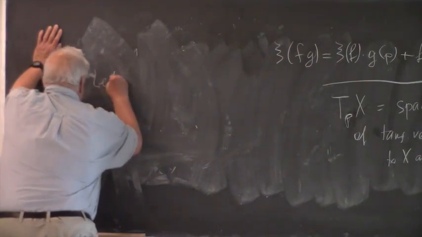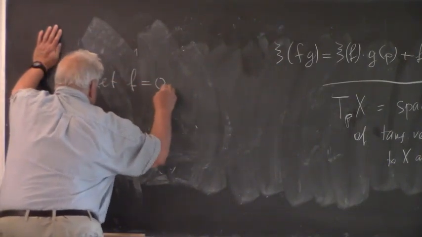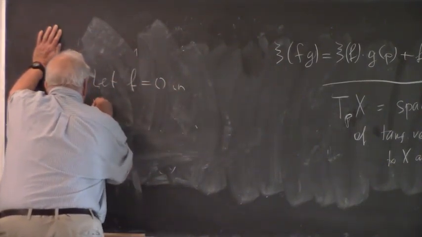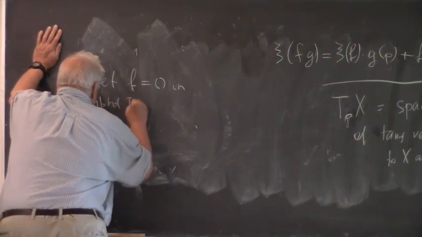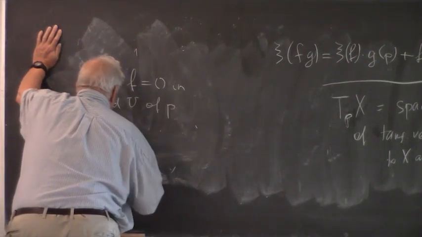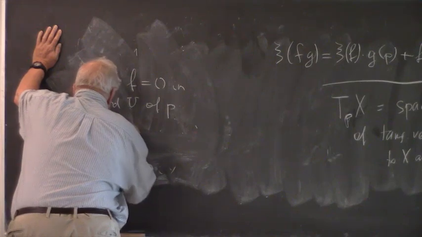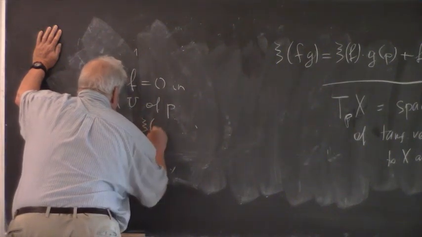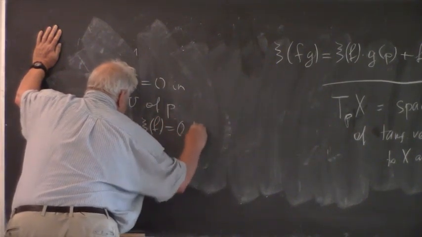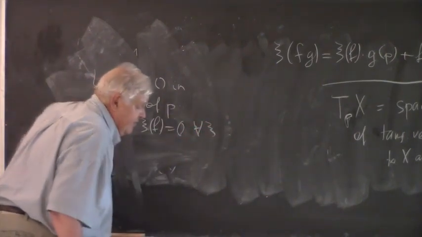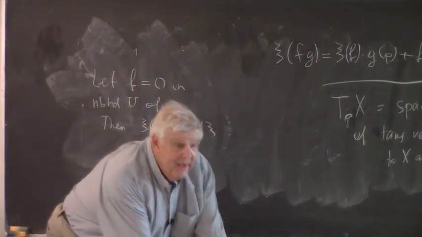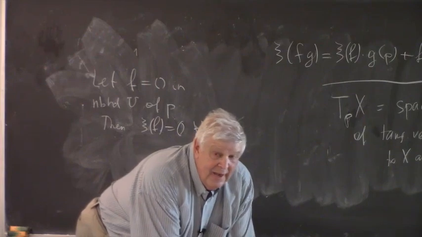Let f be 0 in some neighborhood U of p. Then again, xi of f is always 0 for every tangent vector. It's a very important thing, actually. Why so?